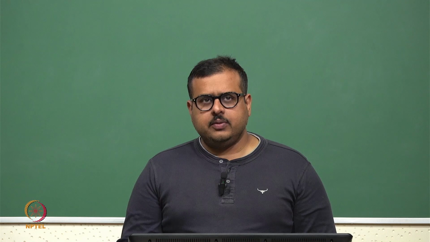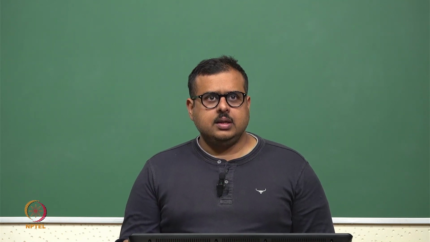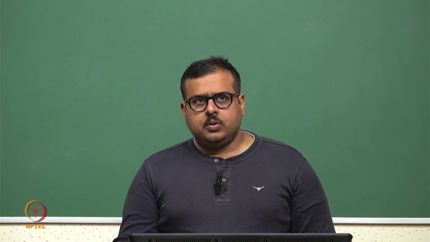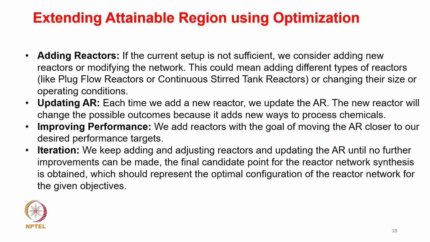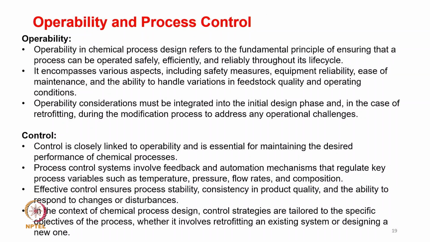So this procedure is typically done in an iterative fashion: you start with an attainable region, evaluate it, identify the gaps, add more reactors, and update the attainable region iteratively until you find the desired objective.